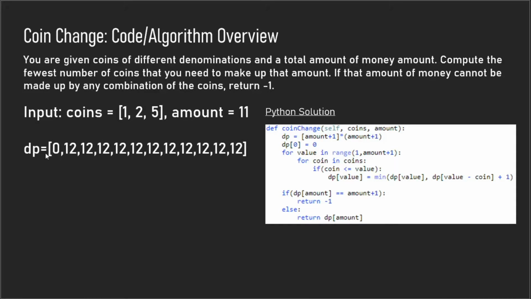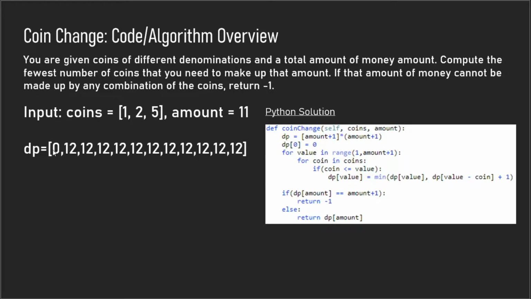So you want to have a DP array where the index would essentially be the amount, and the value of each index would be the number of coins required to get to that amount. So for instance, our first index here would be index 0, and the value is 0. Essentially what that means is, how many coins does it take to add up to the amount 0?